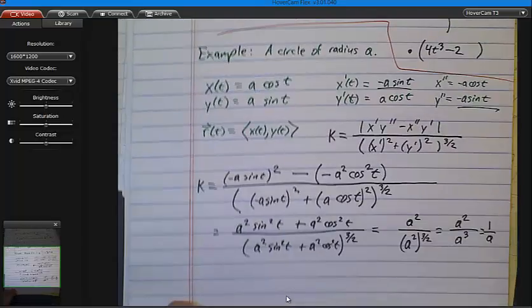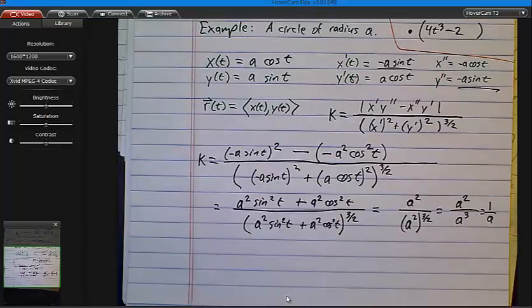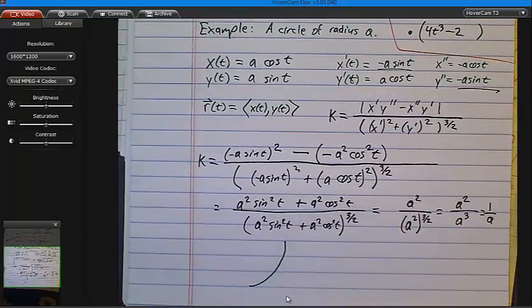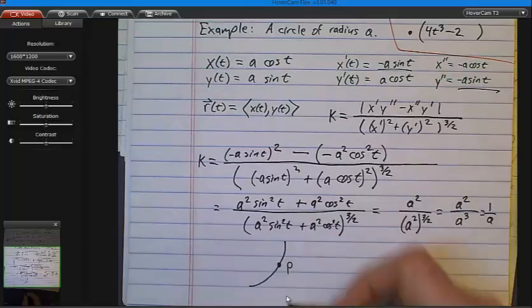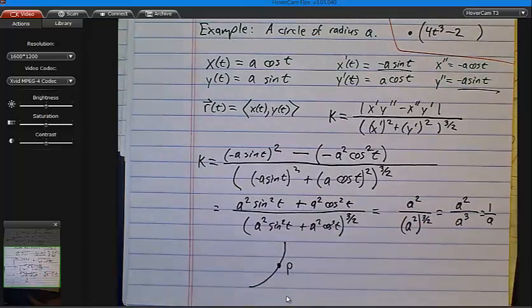Well, if you understand that, then you understand something really cool, which is this. When we say we're going to compute curvature at a point P, and I'm not saying this is a circle, guys. This might be part of a helix or what other curves have we seen? Roller coaster, right? I want to say, how curvy is it here?